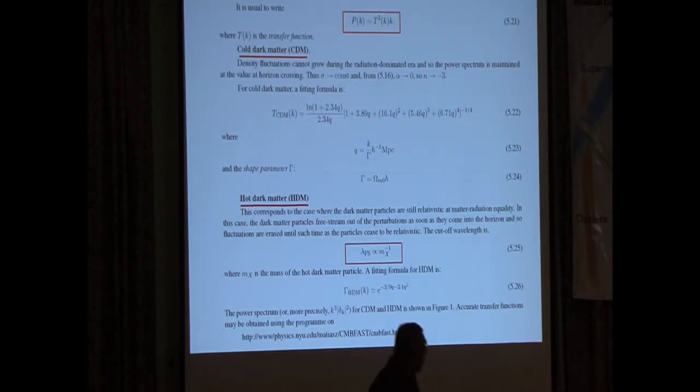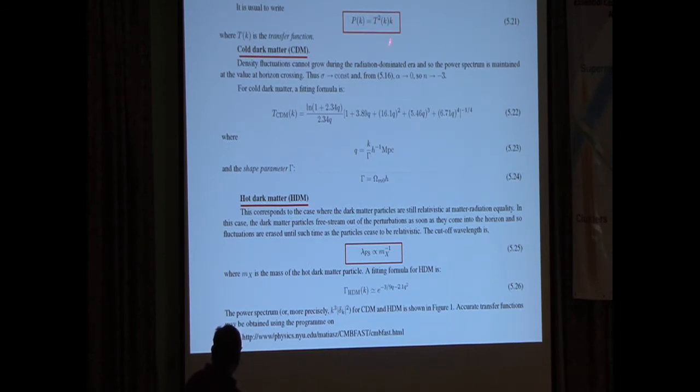So inflation then produced a power spectrum with P proportional to k to the 1 power. And then all these processes, Mészáros effect, free streaming, Jeans phenomena, all these alter this primordial power spectrum, so that if we look at the power spectrum at recombination, it is no longer k to the 1, but it's been modified by a transfer function.